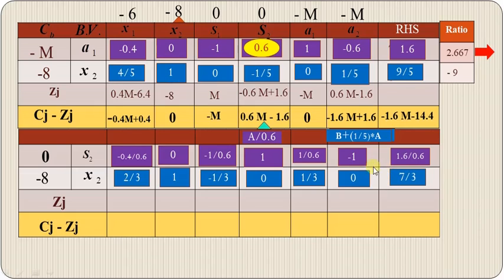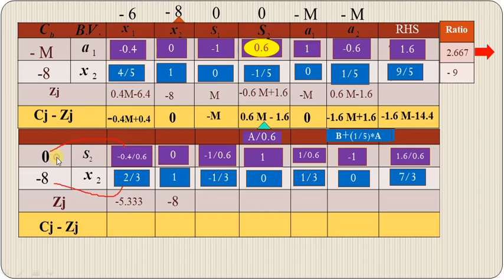Then again, for finding the optimal solution, we have to calculate Zj, which is 0 into this value, which is nothing but 0. 0 into this value plus minus 8 into 2 by 3, so you will get minus 5.333.